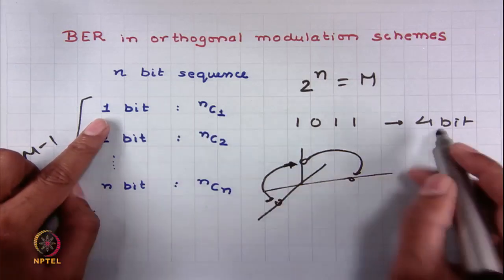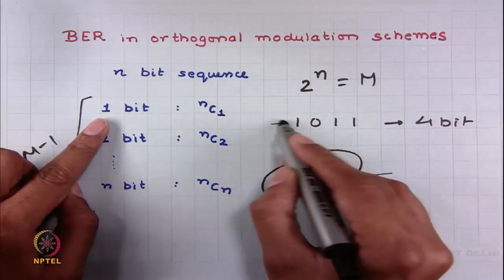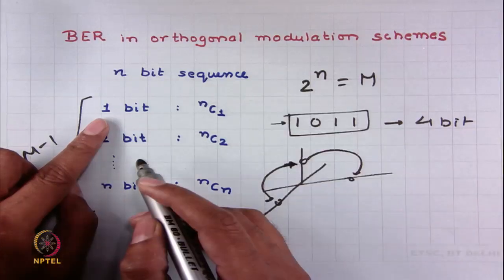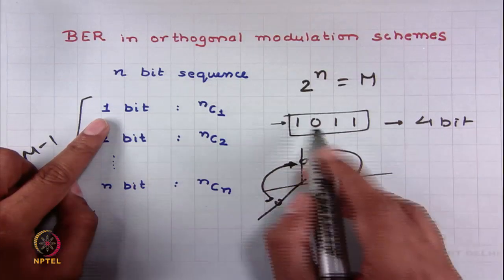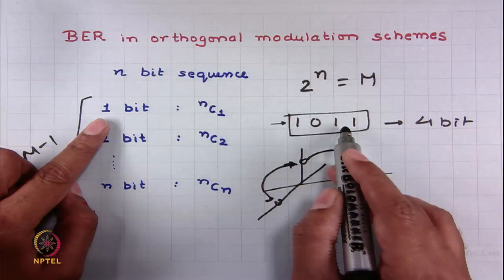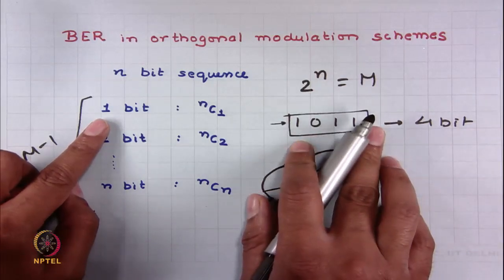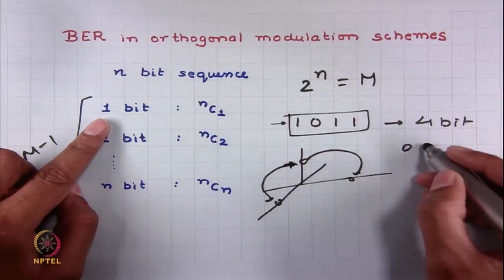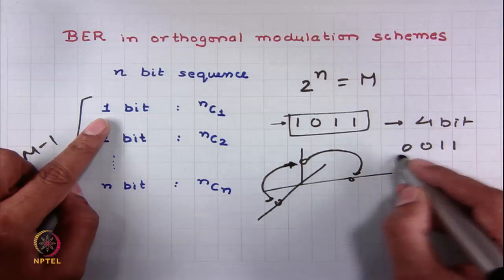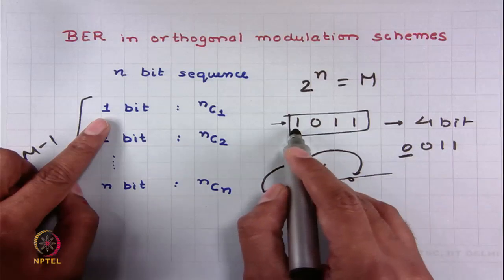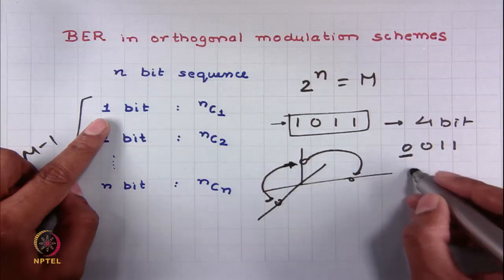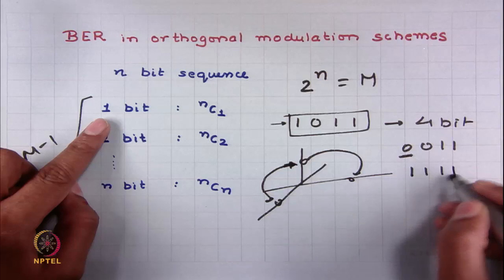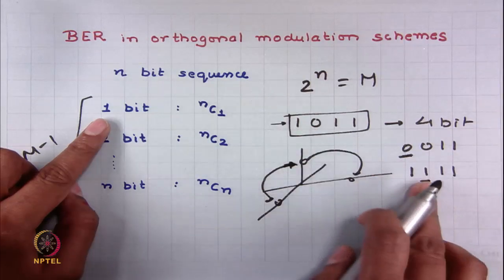For example, if I have 4 bits and this is the symbol that I have transmitted, if you have to find out how many symbols differ from this symbol in 1 bit, then there are 4 symbols. So, you can have 0, 0, 1, 1. So, this symbol differs from this symbol in this bit. You can have 1, 1, 1, 1. This symbol differs from this symbol in this bit.